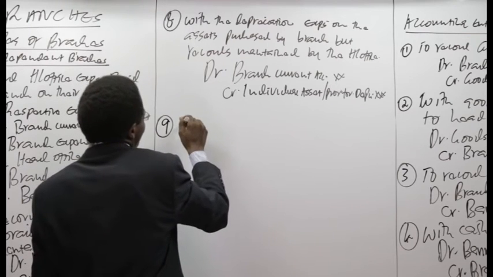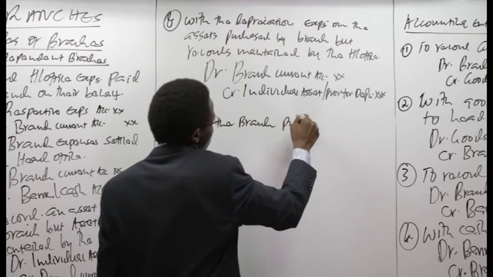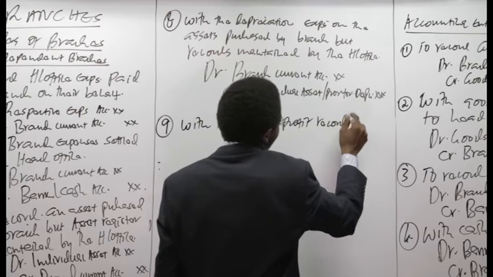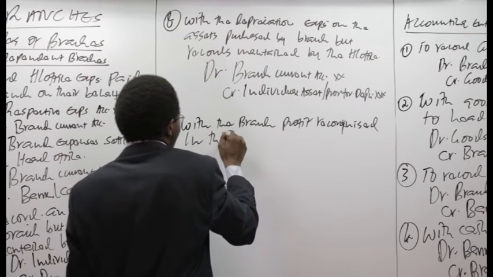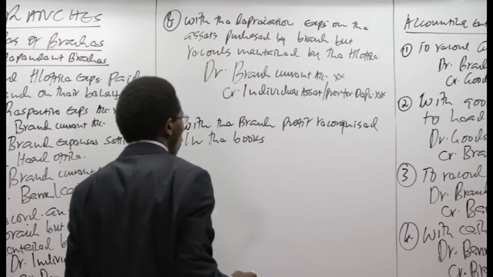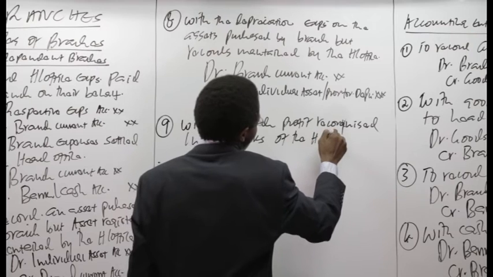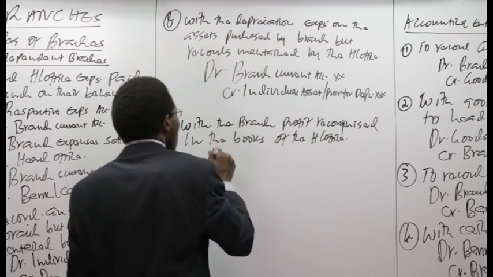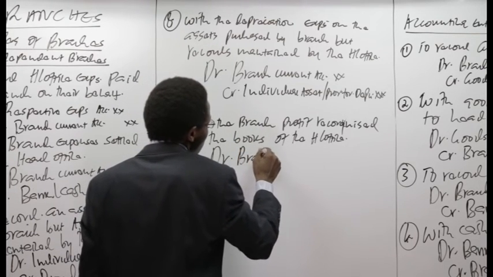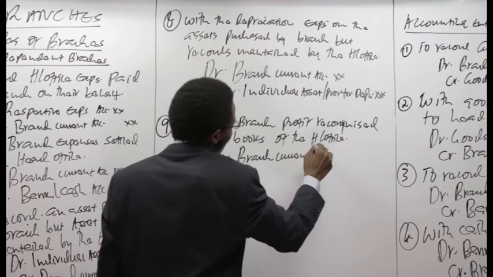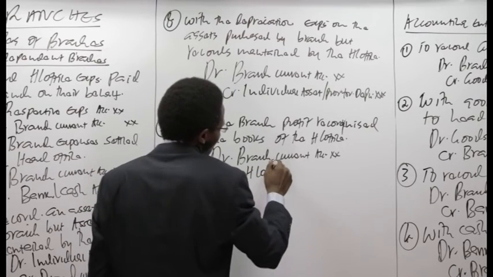Now, with the branch profit recognized in the books of the head office, we have to debit our branch current account. Then we credit the head office income statement.